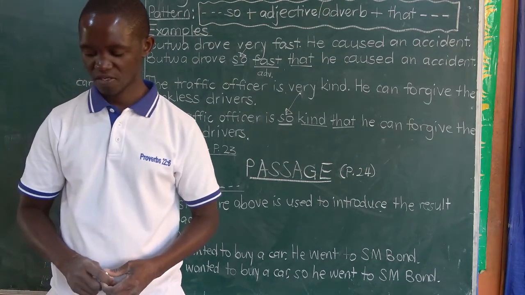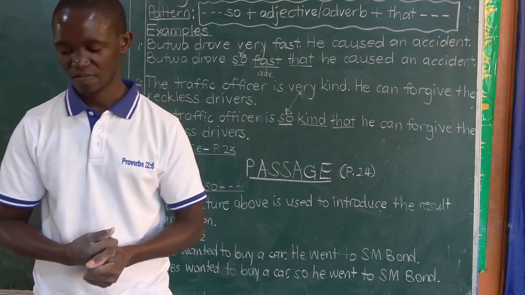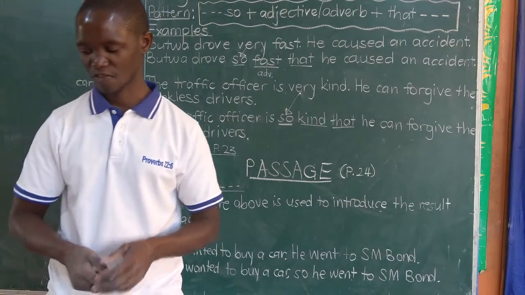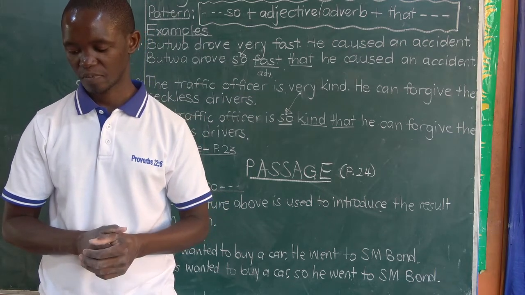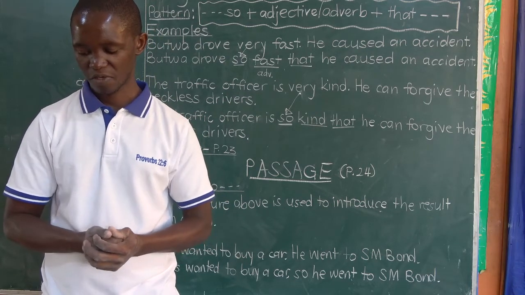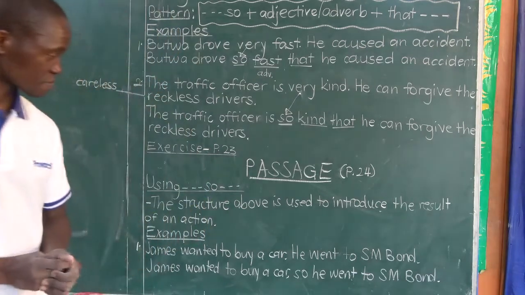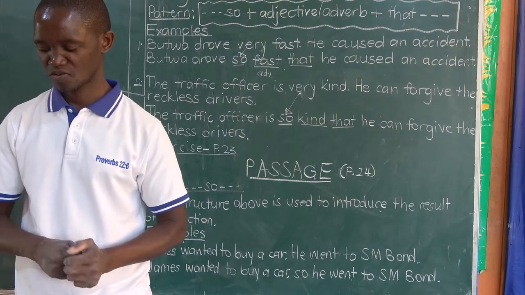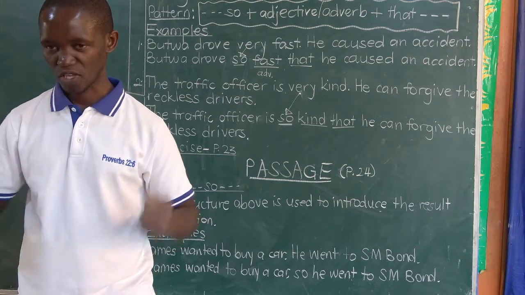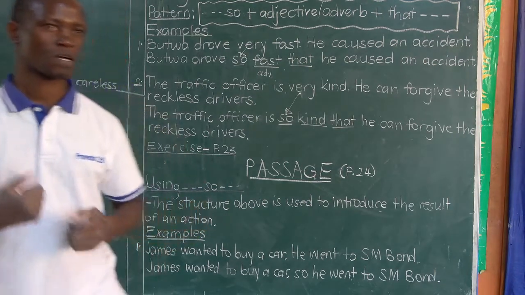Questions about the passage can only be answered if you have read it well and understood it. We have a three-paragraph passage, very easy for you, I understand. You answer according to the tenses. Then the other thing you don't need to forget is to indicate the source of your answer.